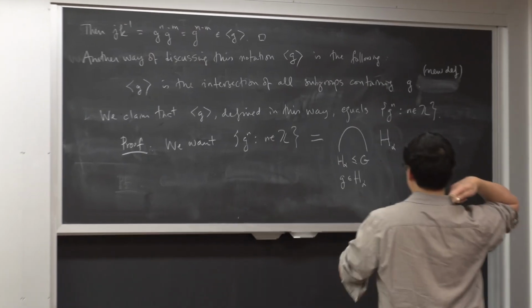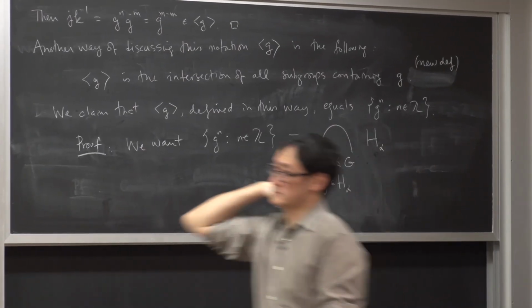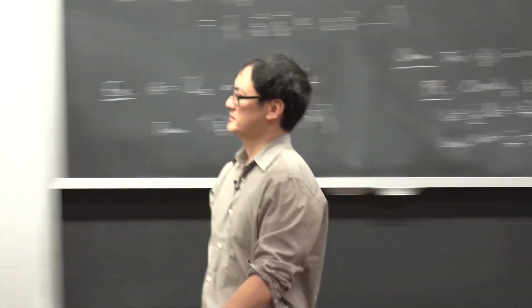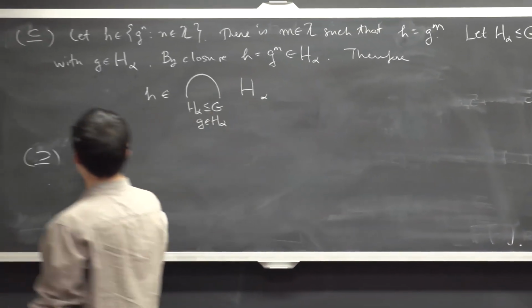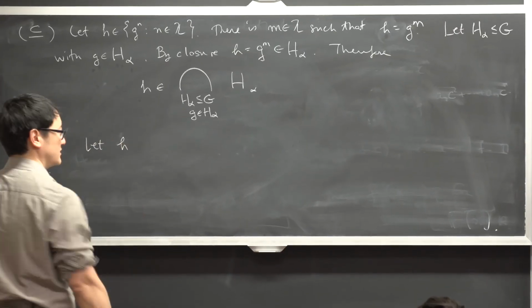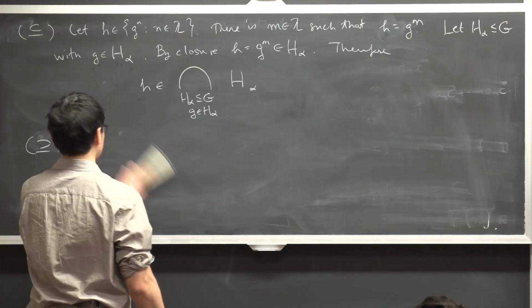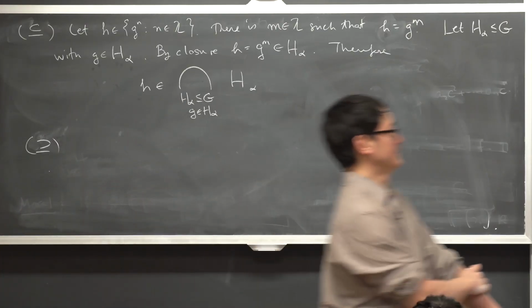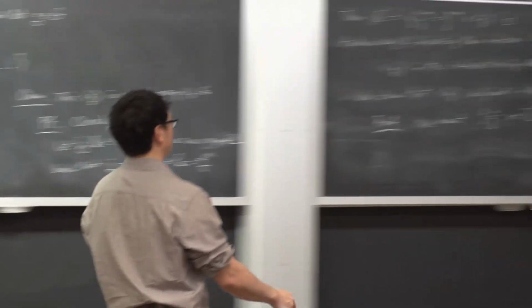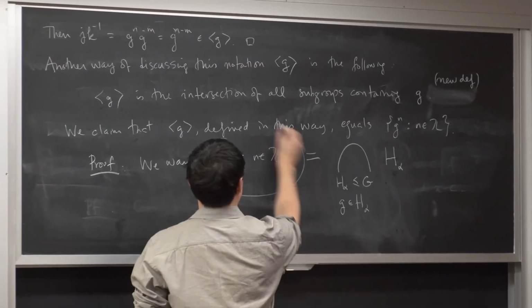Right? So let's take a look at an element here. Okay, so let H... let me think. So we proved one direction. The other direction is obvious, okay? Why? What do we know about this guy right here?